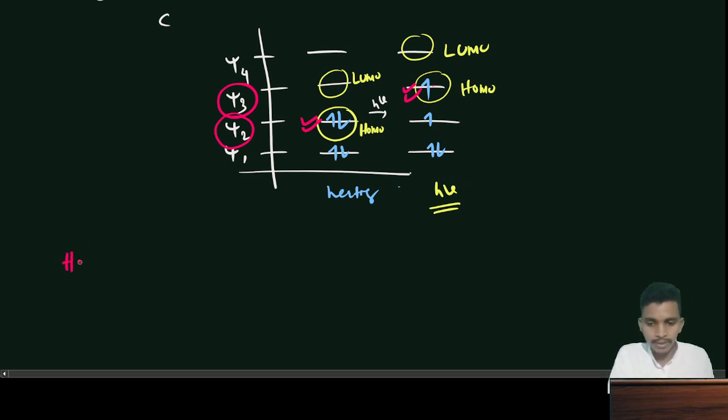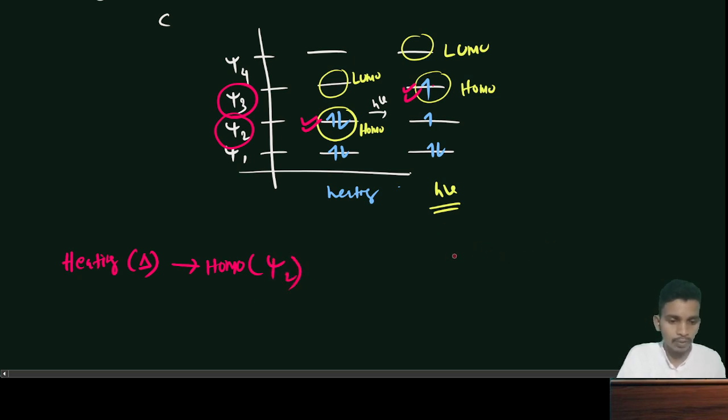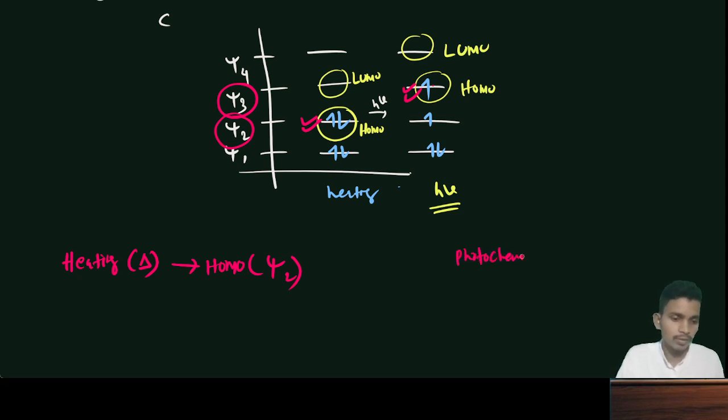First is heating, where the HOMO is psi 2. Now here photochemical conditions, that is h nu. So here what is the HOMO? HOMO is psi 3.